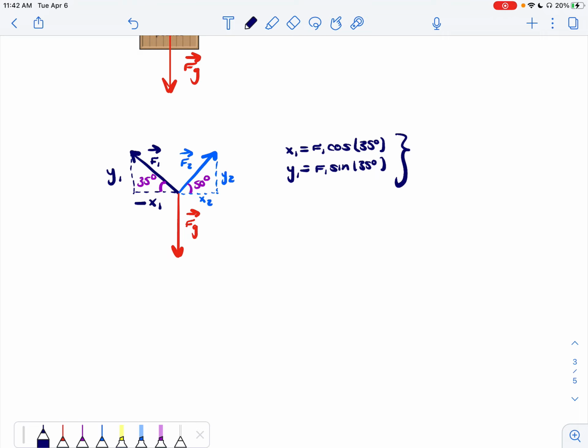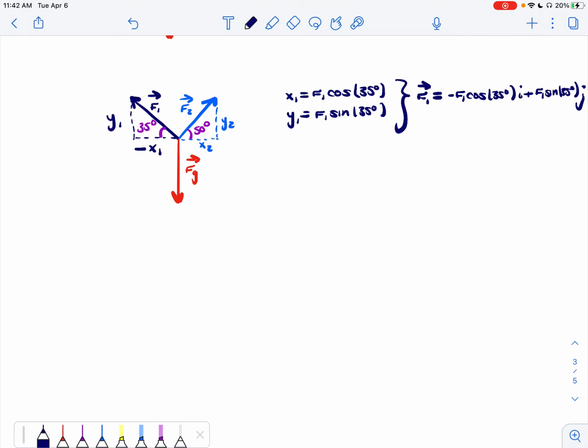Putting that together, our F1 vector is going to be, we said X1 was negative, so negative F1 cosine of 35 degrees in the i direction plus F1 sine of 35 degrees in the j direction.